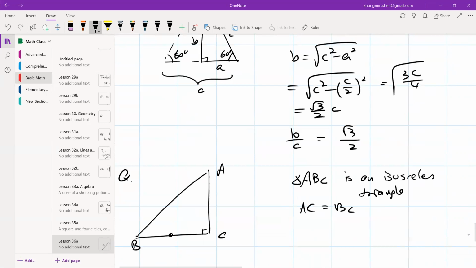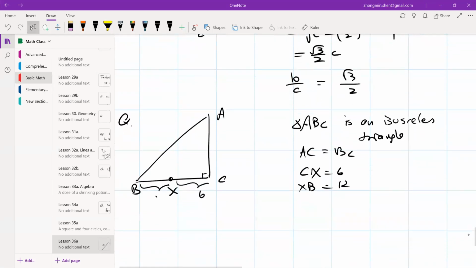X is a point on the side, so that CX is going to be 6. Okay, and the XB is going to be 12. So Y is on the AB side. Okay. Such that XY is perpendicular to AB.